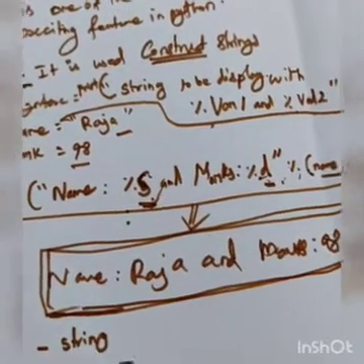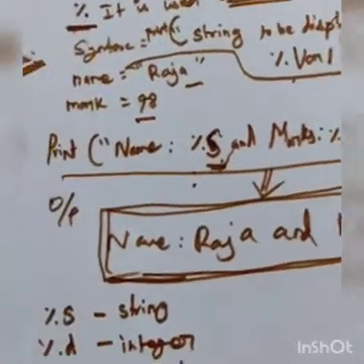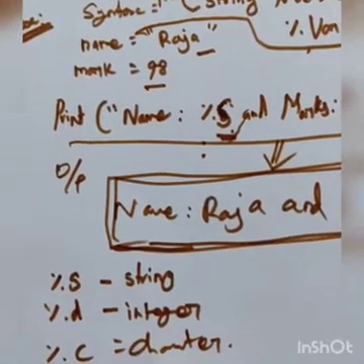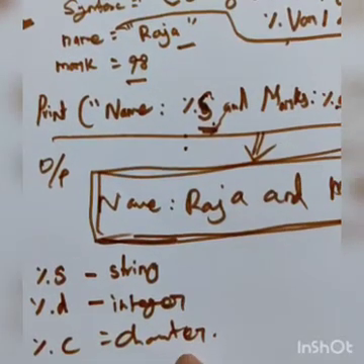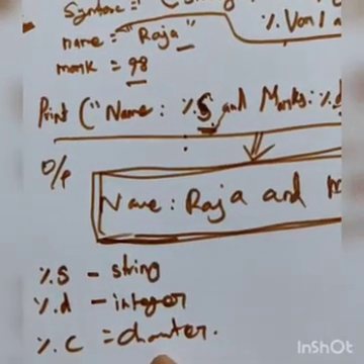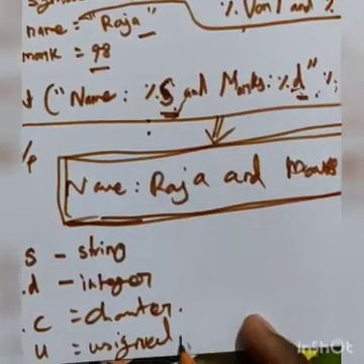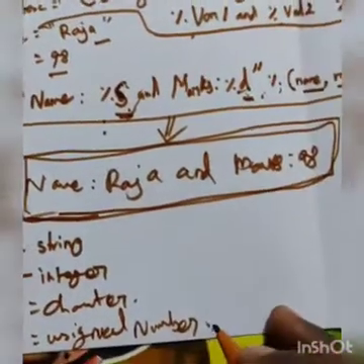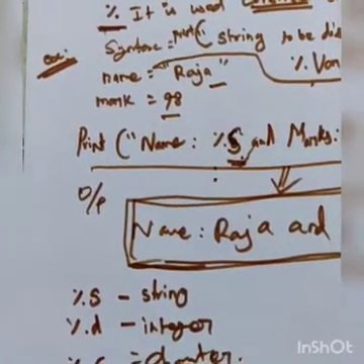Next, percentage c means character. Then if you print an unsigned number, that is percentage u, for unsigned numbers.